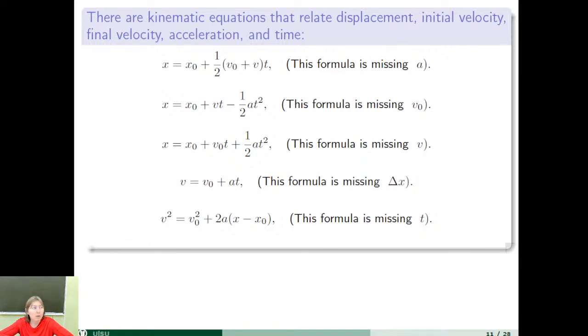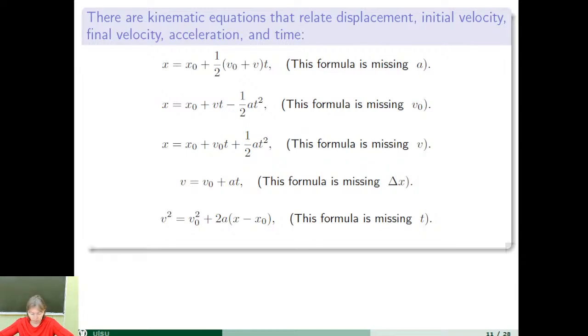In different problems, we have a missing acceleration, initial velocity, final velocity, displacement, or time, and our goal is to find the other values, and we can use these five expressions.